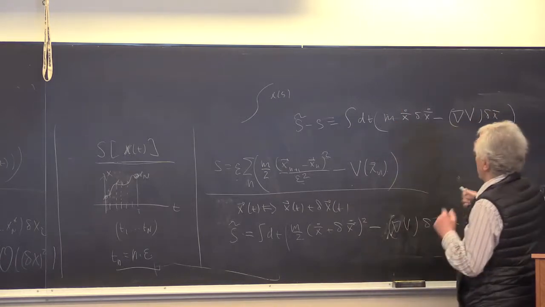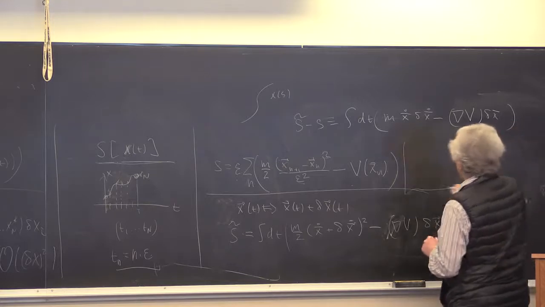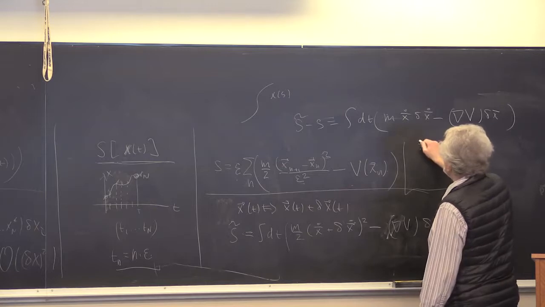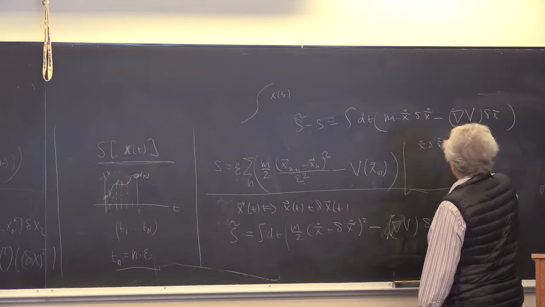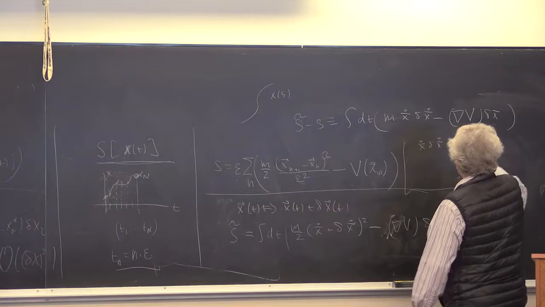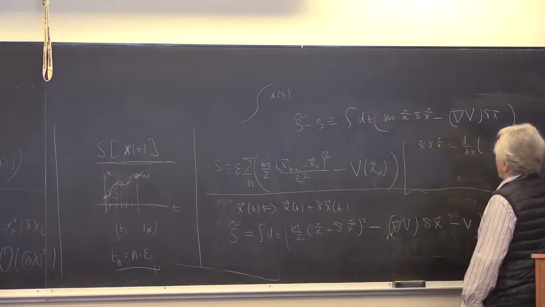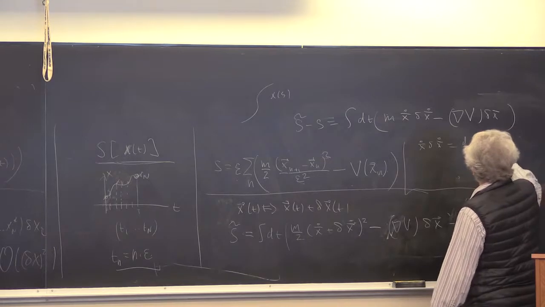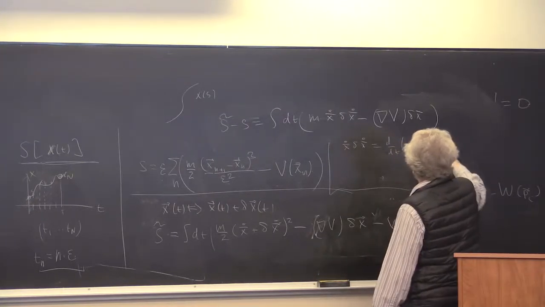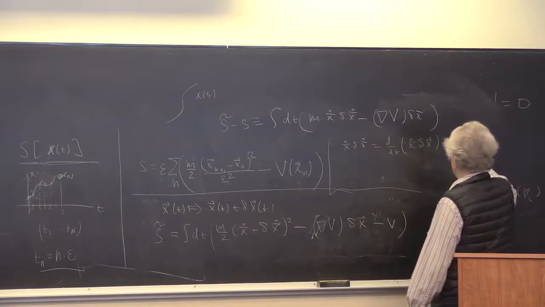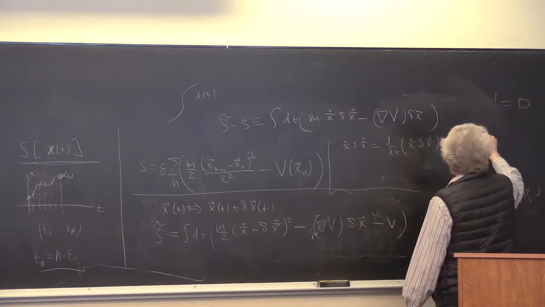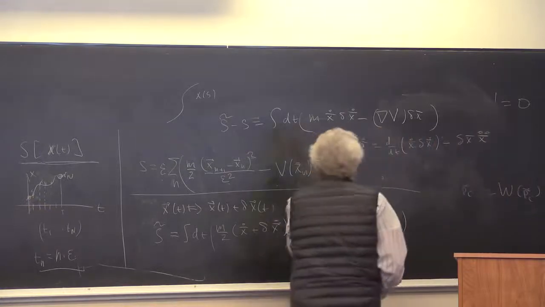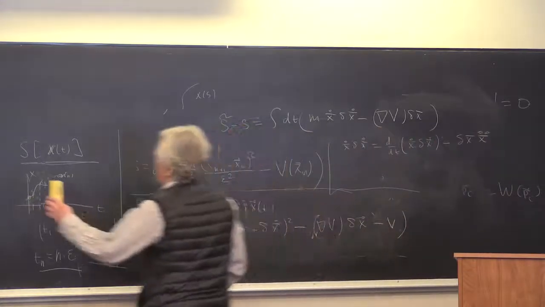And now one useful trick here, where we shall write x dot delta x dot as d/dt of x dot delta x, minus x double dot delta x. And so finally we get the following expression.